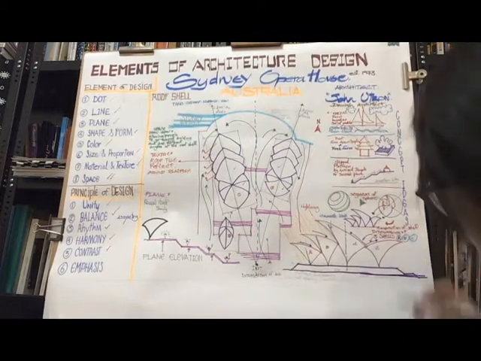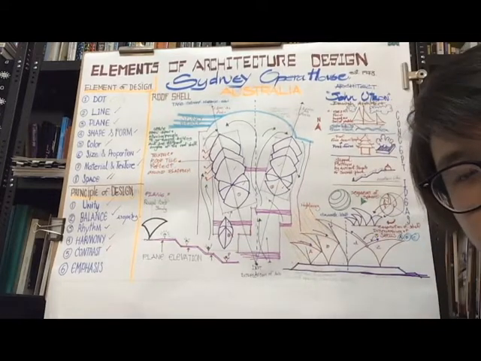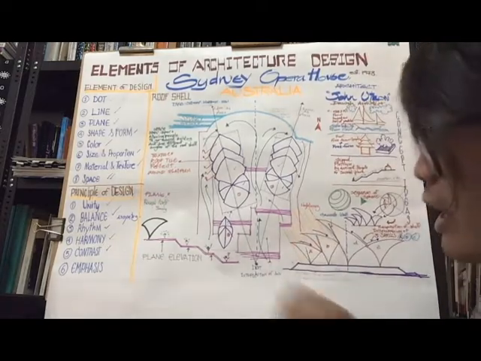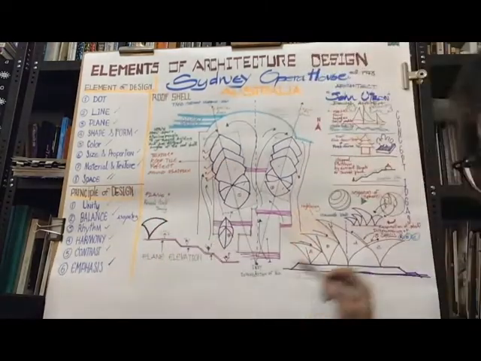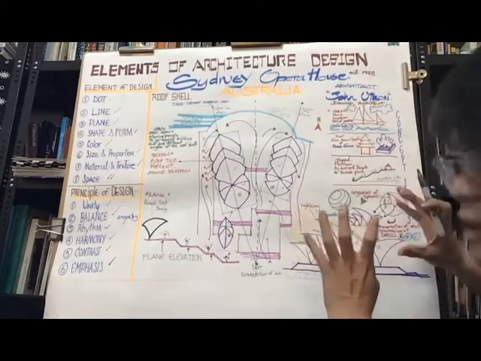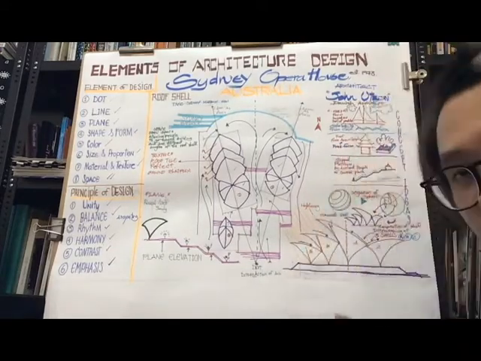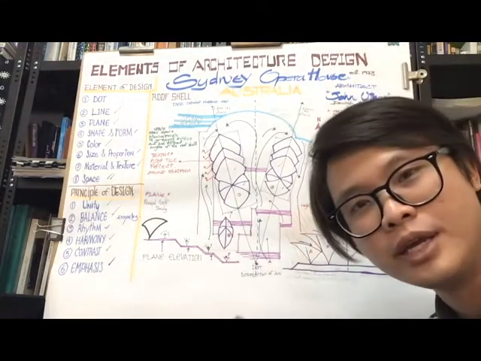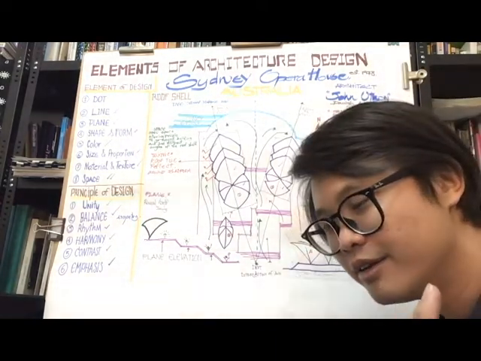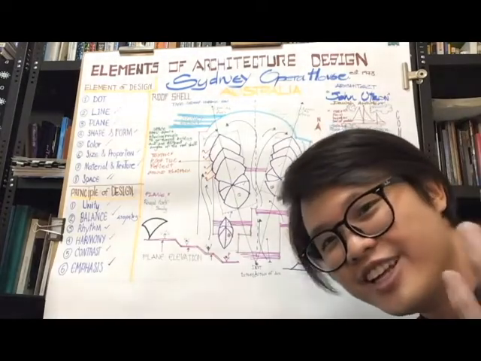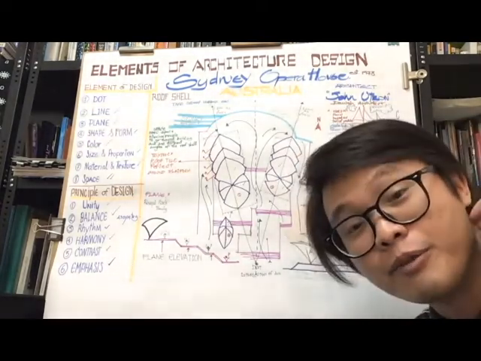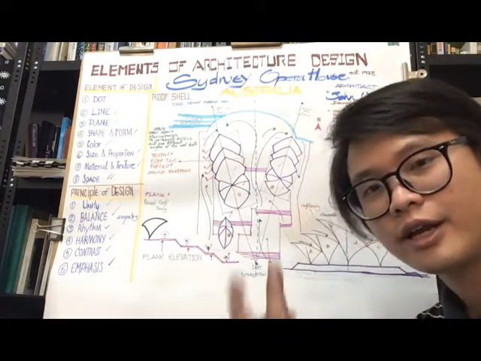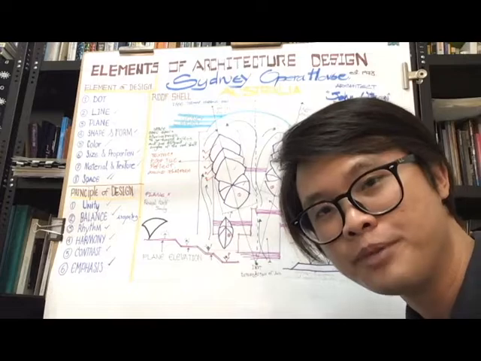So why does it have to be contrast? Because this platform will emphasize the building to stand out and become an iconic view. I mean, to be visible, easy for people to notice. Very interesting, it gets the attention of people.